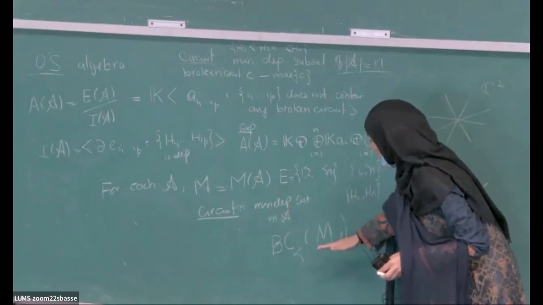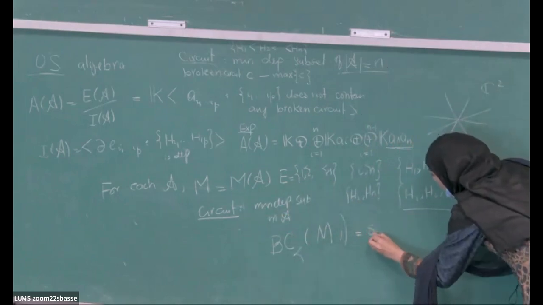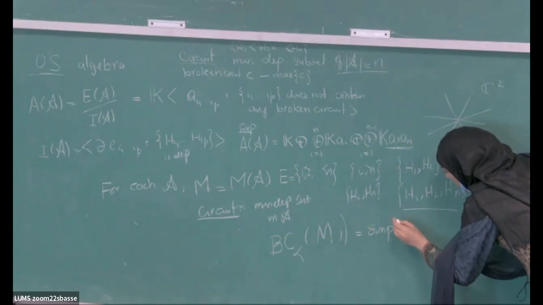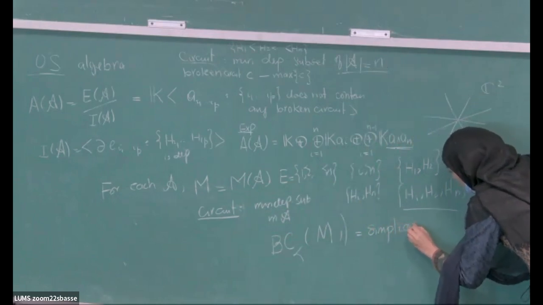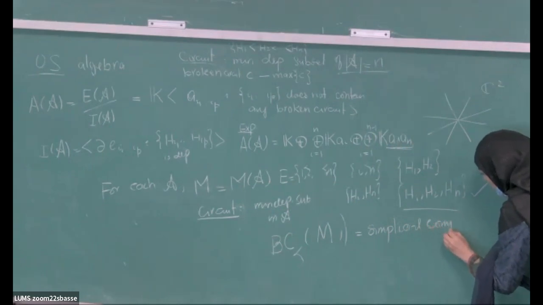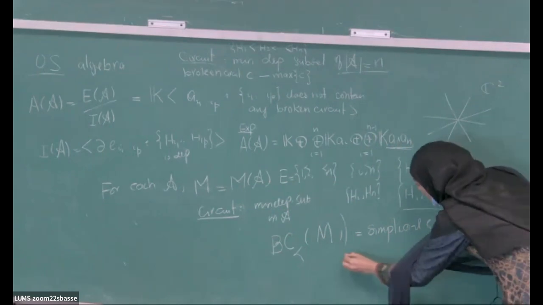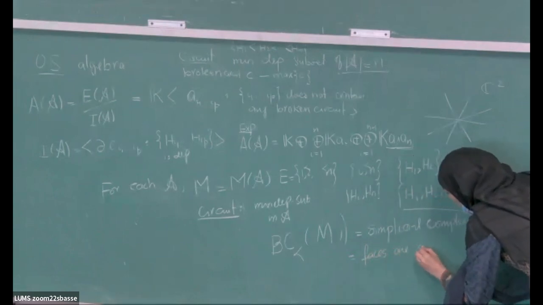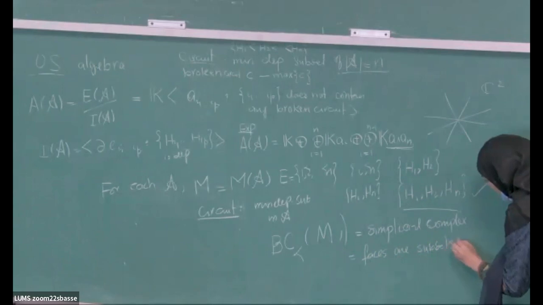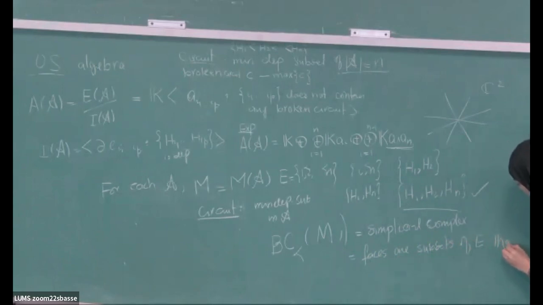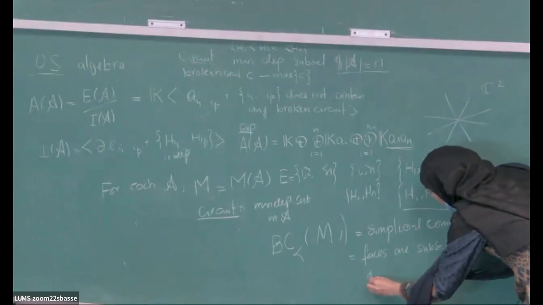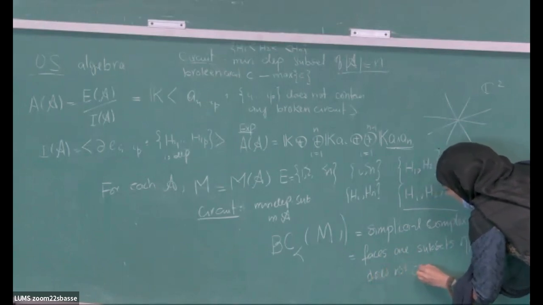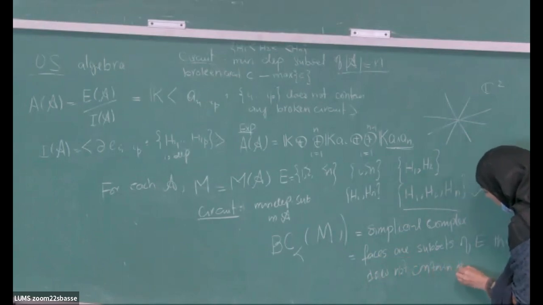So what is this? This is the simplicial complex, right, and its faces are subsets of E that do not contain any broken circuit.